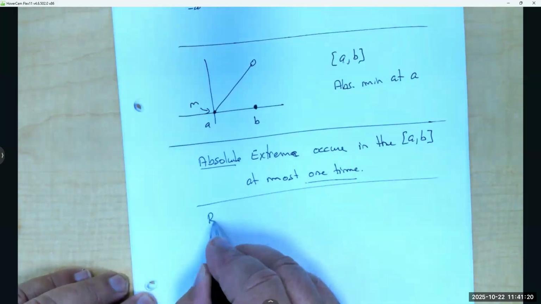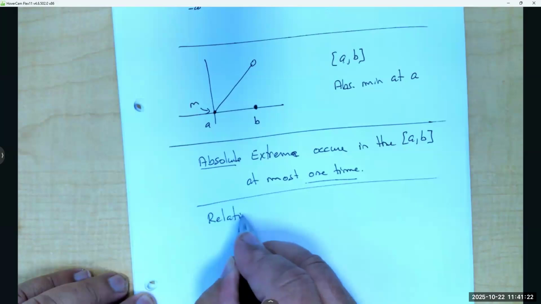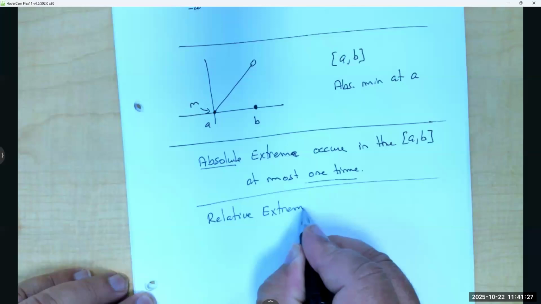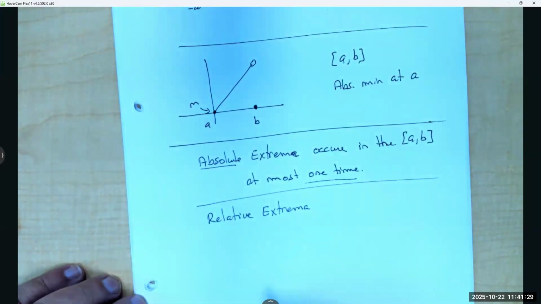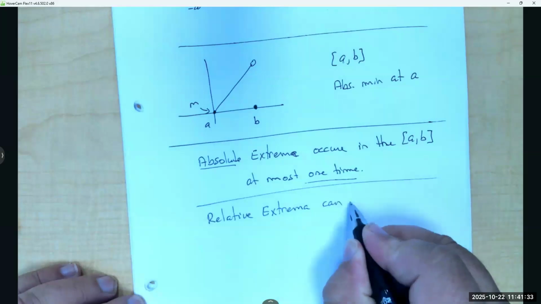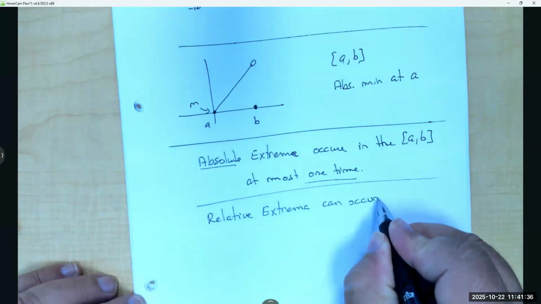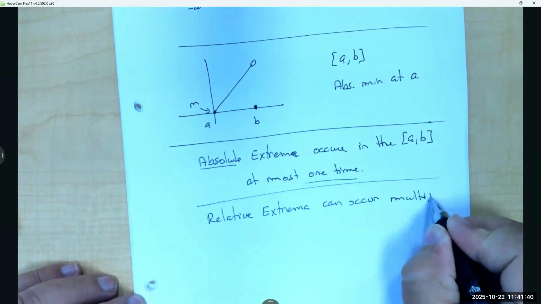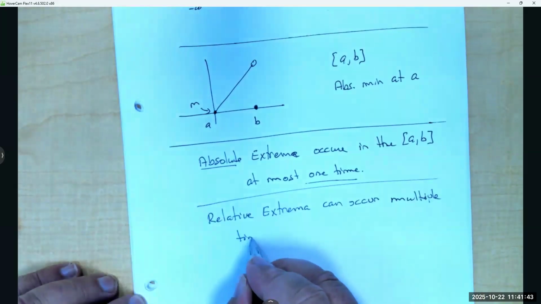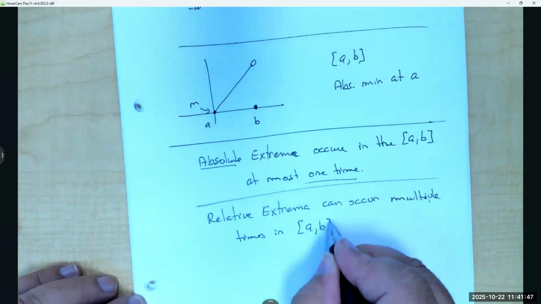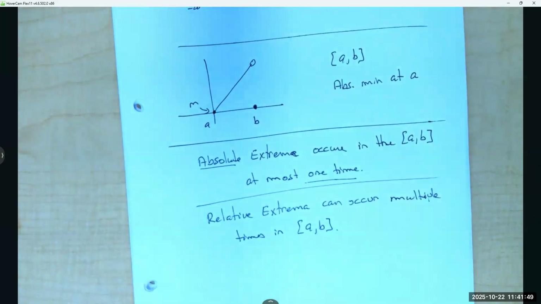Then we could look at what's called a relative extrema. Relative extrema can occur multiple times in the interval. What's the difference between absolute and relative?